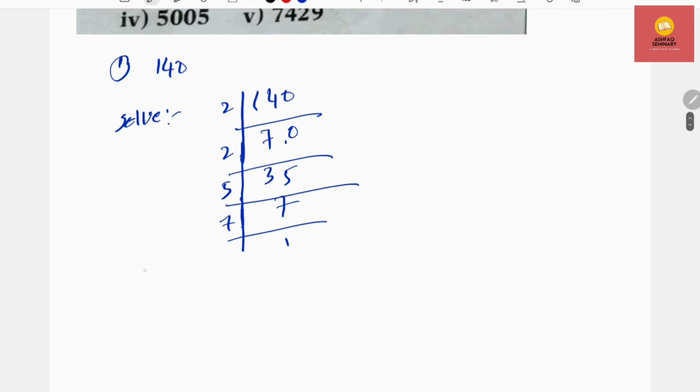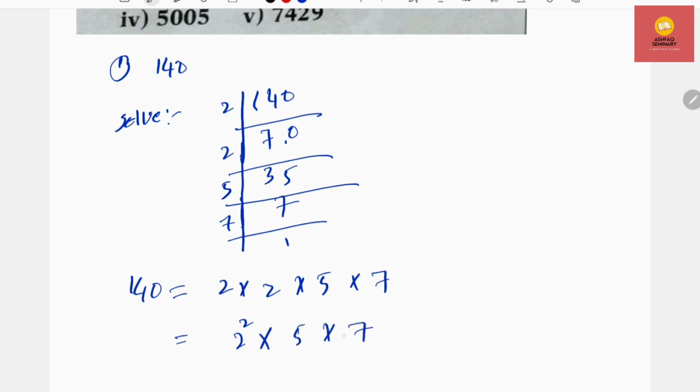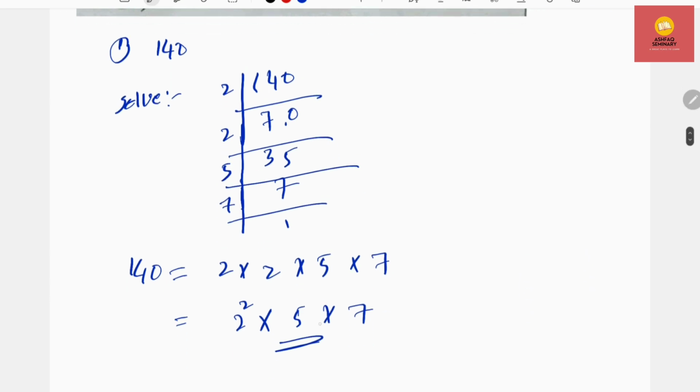So we can write 140 is equal to 2 into 2 into 5 into 7. So we can write 2 squared into 5 into 7. This is the final answer.